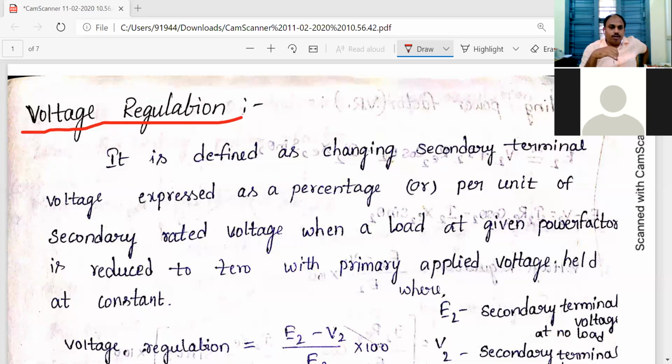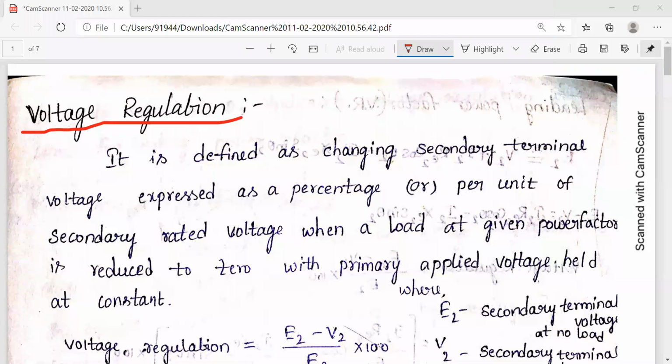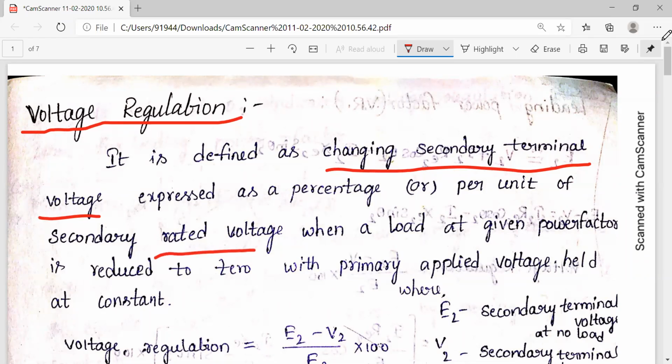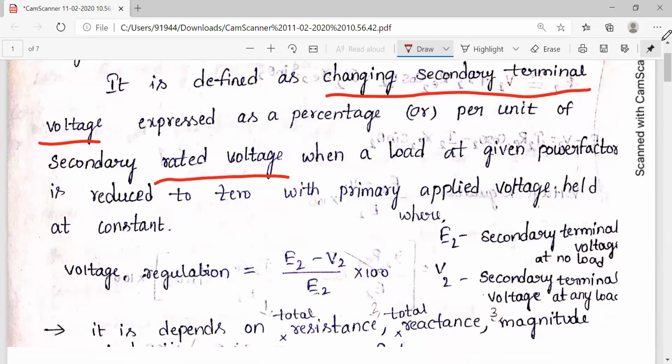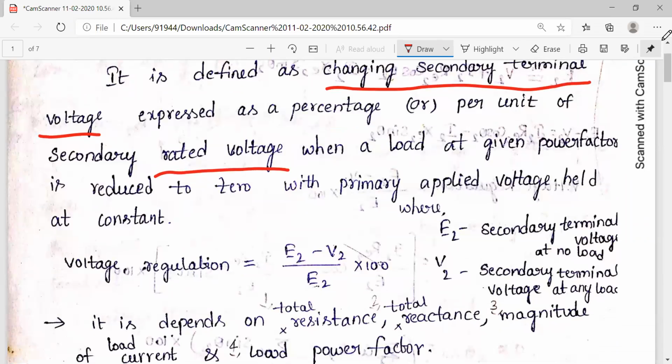First of all, the definition of voltage regulation: it is the change of secondary terminal voltage, expressed as a percentage or per unit of secondary rated voltage, when the load at a given power factor is reduced to zero with the primary applied voltage held constant.